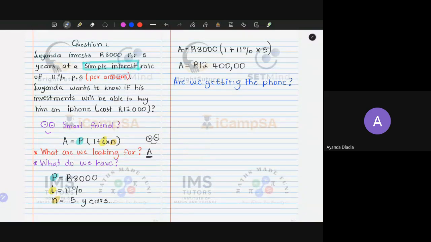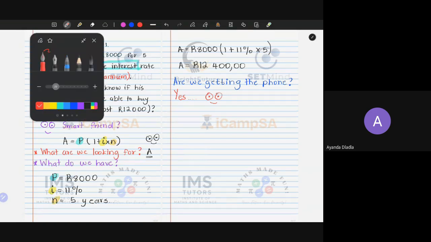Yes, of course, because you do the calculation and say, look, friend, we're getting this phone. We will have 12,000 after 5 years. Then your friend will smile and say, wow, what a genius friend. And you'll say, of course, I'm doing pure maths. So Luyanda can afford that phone after 5 years, which is 12,000.